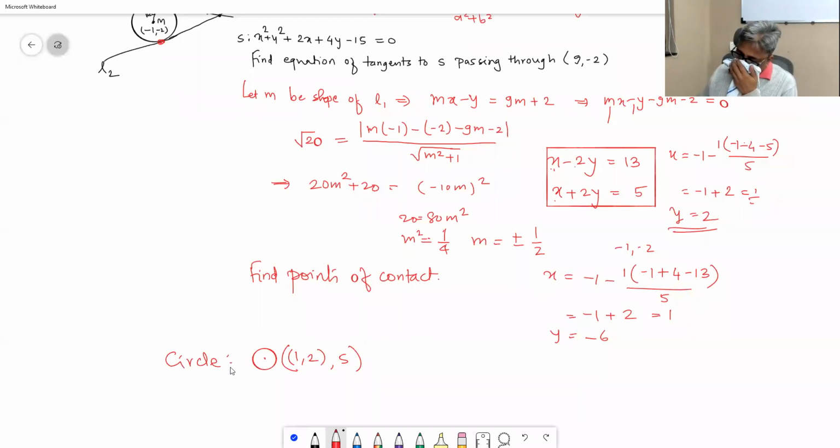And I will keep changing the point. So my first point P1 is minus 24, 27. So circle with center 1 comma 2 having radius 5. Find equations of tangents. Foot of perpendicular we are not going to find out. Find the equations of tangents passing through P1 to the circle.